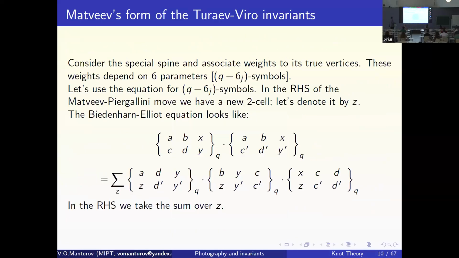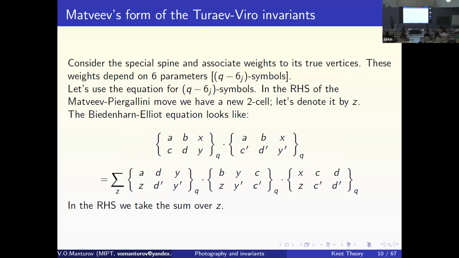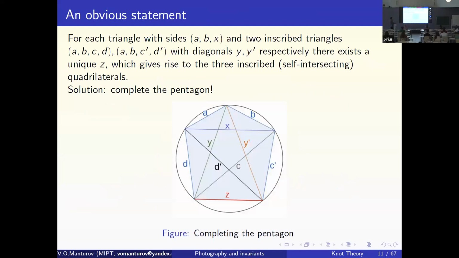And for the Biedenharn-Elliott equation, people can say, oh, what a long equation. But you see, if I draw a picture, I can say this. I can say, okay, A, B, C, D, X, Y gives an inscribed quadrilateral. And A, B, C, D, X', Y, and so on.